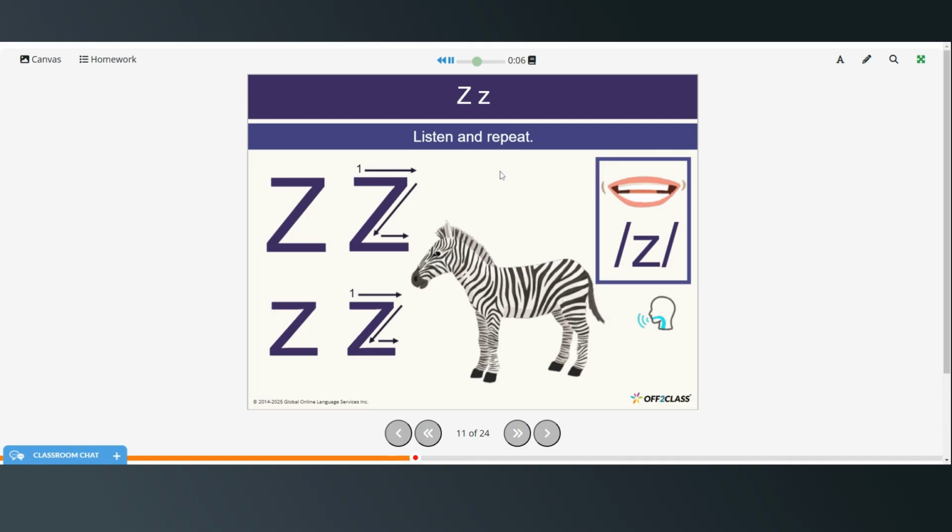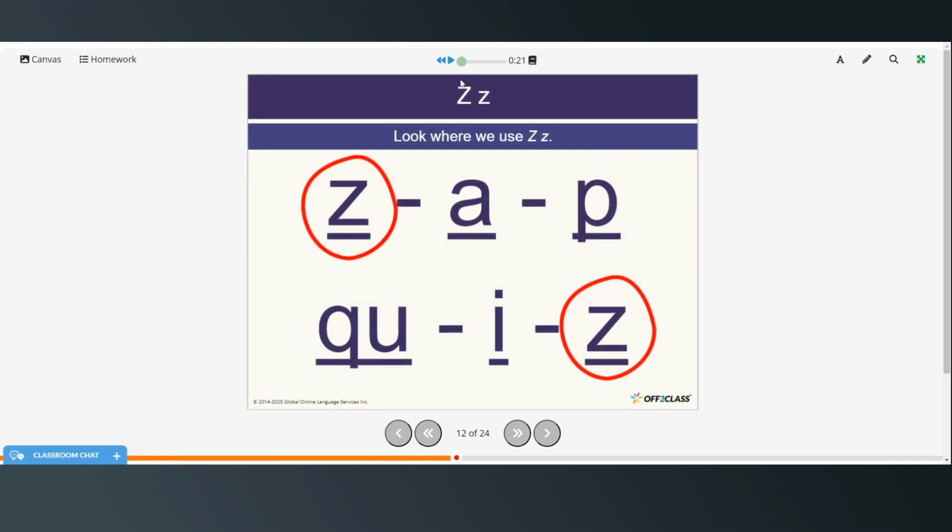Z, z, z. Zebra. Z, a, p. Zap. K, W, I, Z. Quiz.